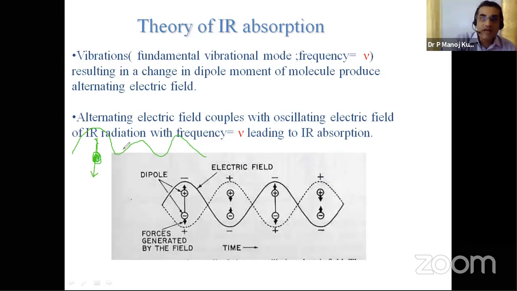Whatever electrical field this IR radiation produces and whatever electrical field this particular bond produces, they will be in resonance with each other. And obviously, what will happen? This particular bond, the carbon-chlorine bond, will absorb the energy of this IR radiation, and you say the IR absorption has taken place because these two fields are in resonance with each other.